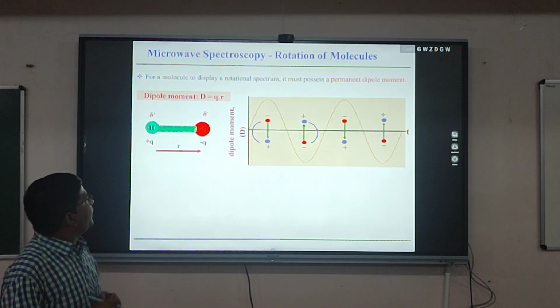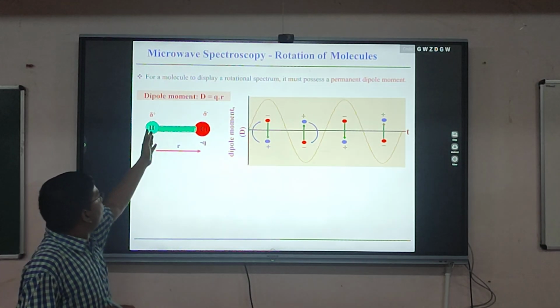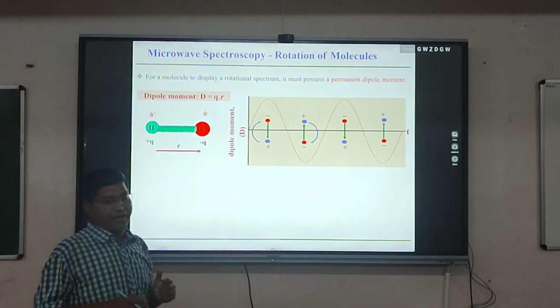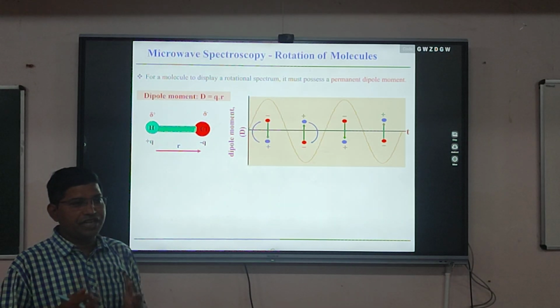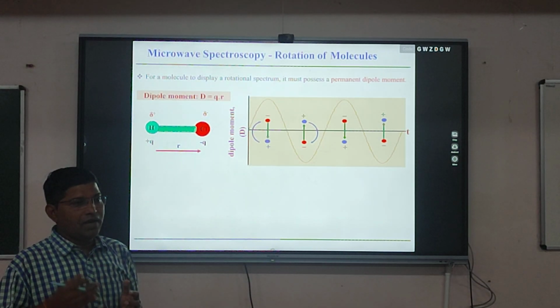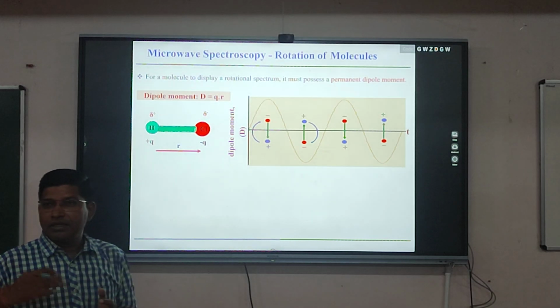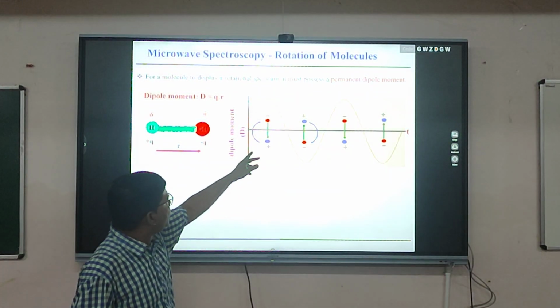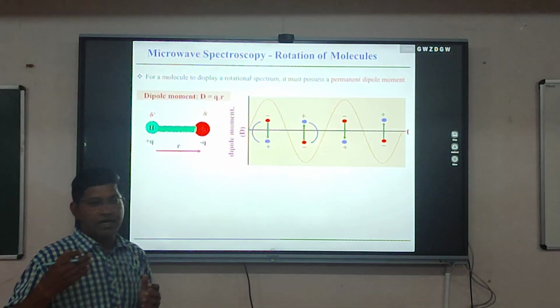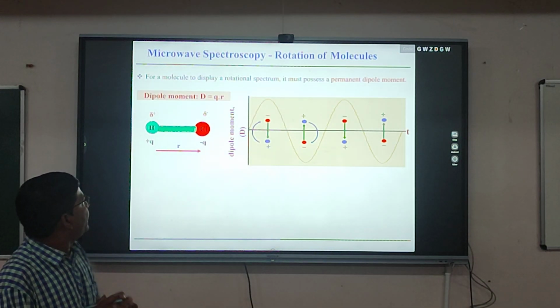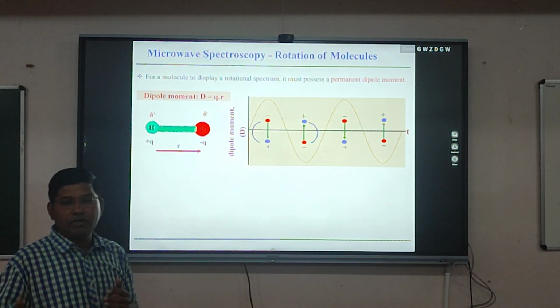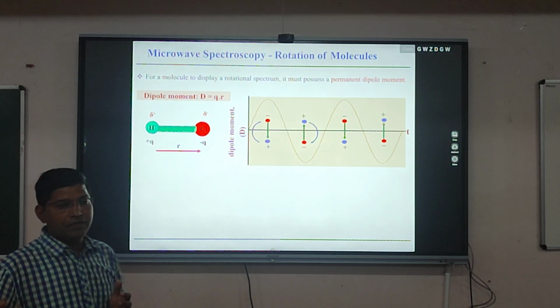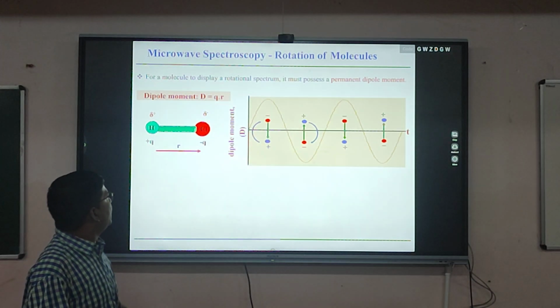How? In the dipole moment, the molecule should change its magnitude or its direction during rotation. Then only can we say the rotating molecule is changing its dipole moment.